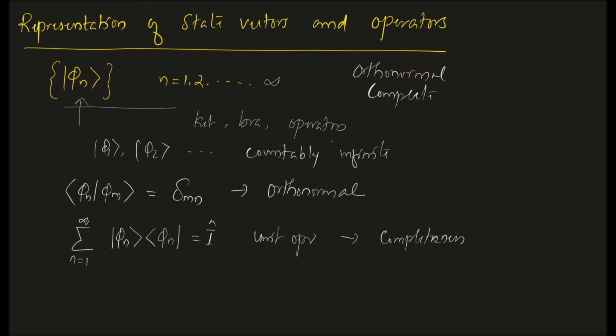This is what we basically mean by the completeness condition. You sum the entire projection operators in that space, and that will give you the unit operator. This is the projection operator that we discussed in our previous class.